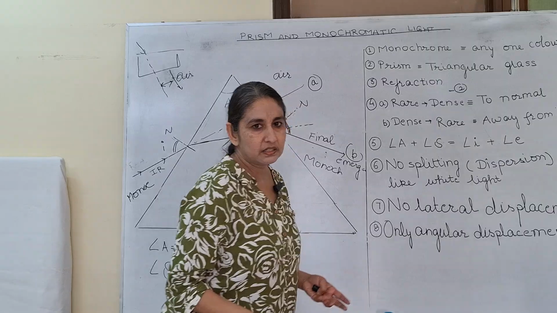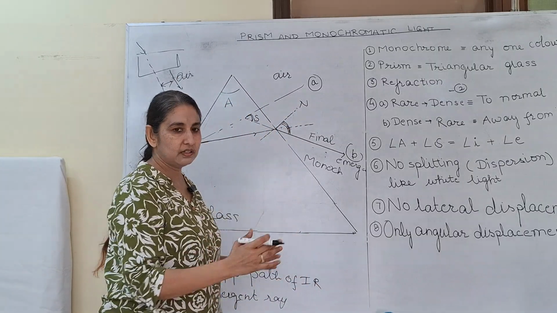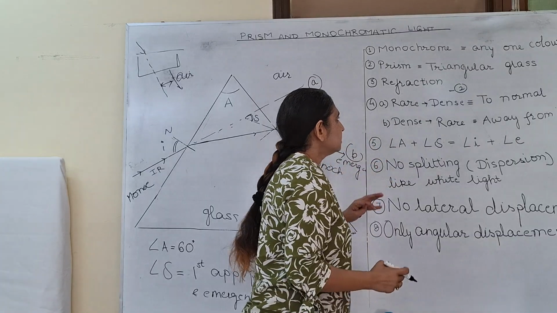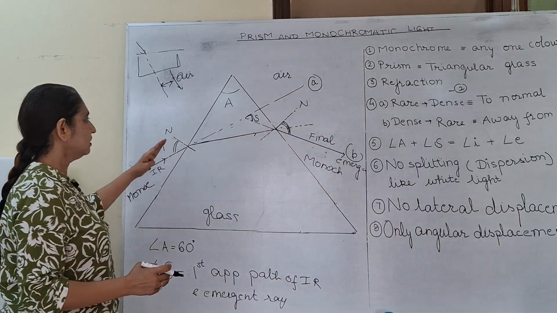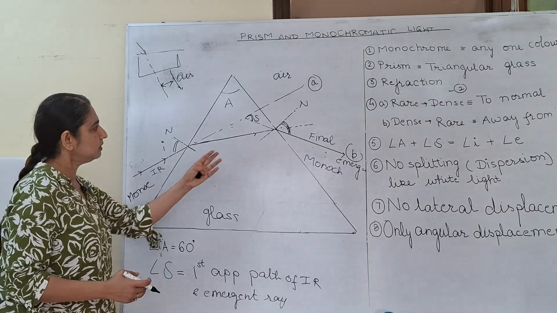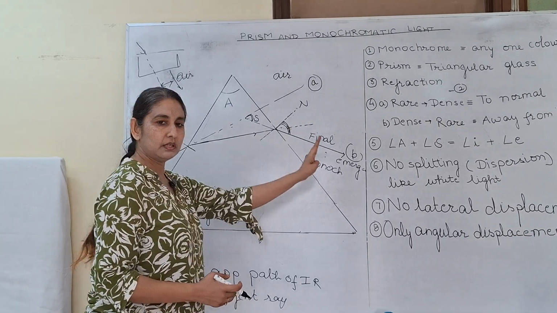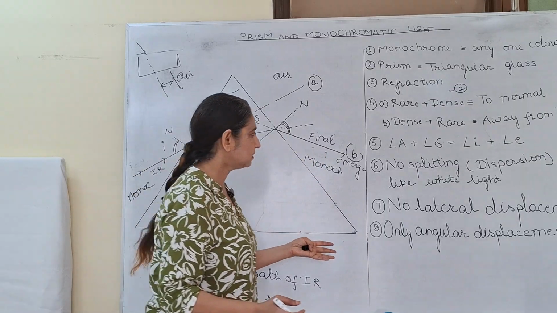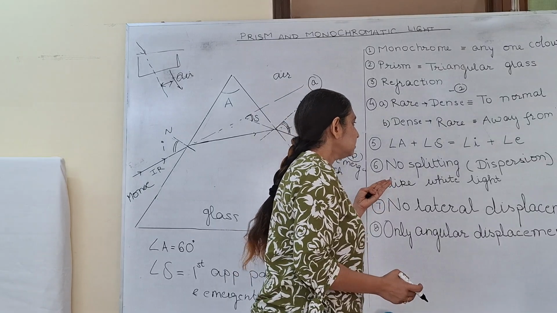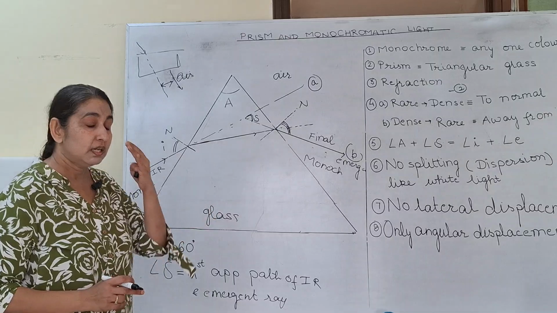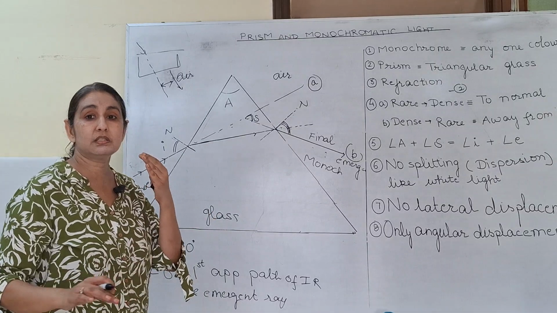Okay, prism we've understood. It's a glass piece, triangular in shape, that causes refraction. In the first part, what is happening? Rarer to denser, it bends towards the normal. In the second, what is happening? Glass to air, dense to rare, it goes away from the normal. That is simple refraction. Now obviously this goes wrong for a lot of children. There is no splitting, there is no dispersion.